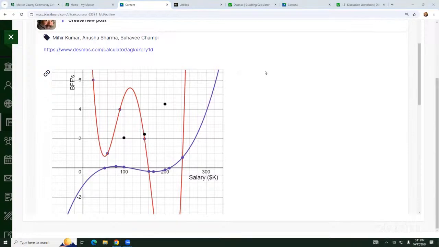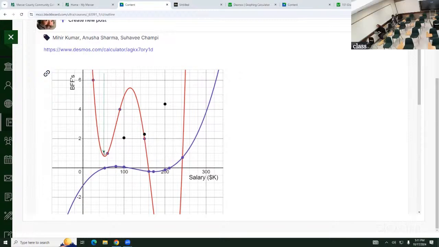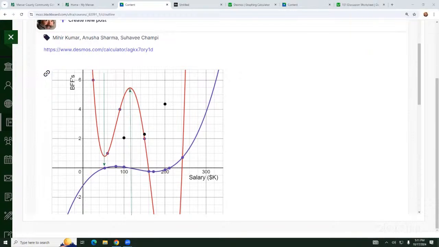Yeah, maximum, like, the one, what's that right there? That's a minimum. Right, so right there's a minimum. How about this? That's a maximum. And that's a minimum.